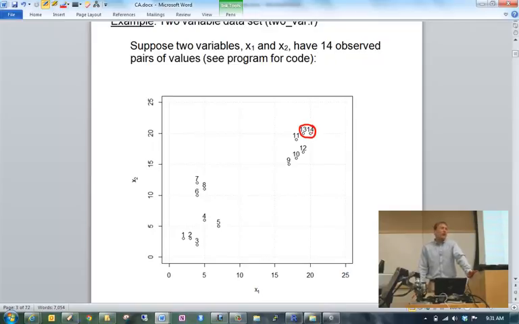Now if I'm going to group 13 and 14 together, now I have 13 clusters for the 14 observations. Then next what you do, we're going to go in a sequential manner, find the next set of closest observations. What do you think? Maybe 1 and 2. So now I have 12 clusters for 14 observations.